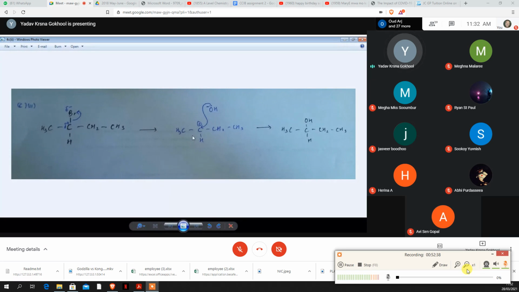Now you can see that this carbon, here, is called a secondary carbocation. Why is it called a secondary carbocation? Because we have two alkyl groups over here, CH3, and over here, CH2, CH3. So this is an alkyl group. This is the second alkyl group. We have two alkyl groups which are attached to it. Each one of them is pushing electrons towards it. I have also sent a video which is talking about Markovnikov's rule and the carbocations. Okay, so please have a look at the videos.